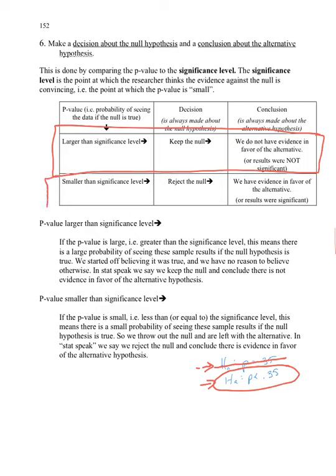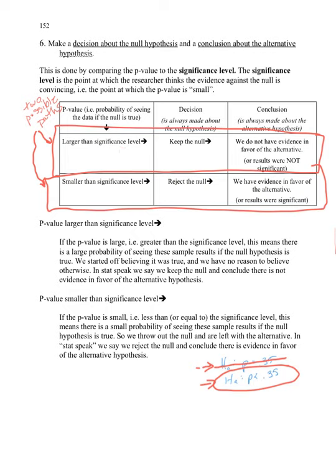Or the p-value is going to be smaller than the significance level, in which case you're going to reject the null hypothesis and conclude you have evidence in favor of the alternative. So there's only two possible paths you can take. So just pick a lane and stay in it.